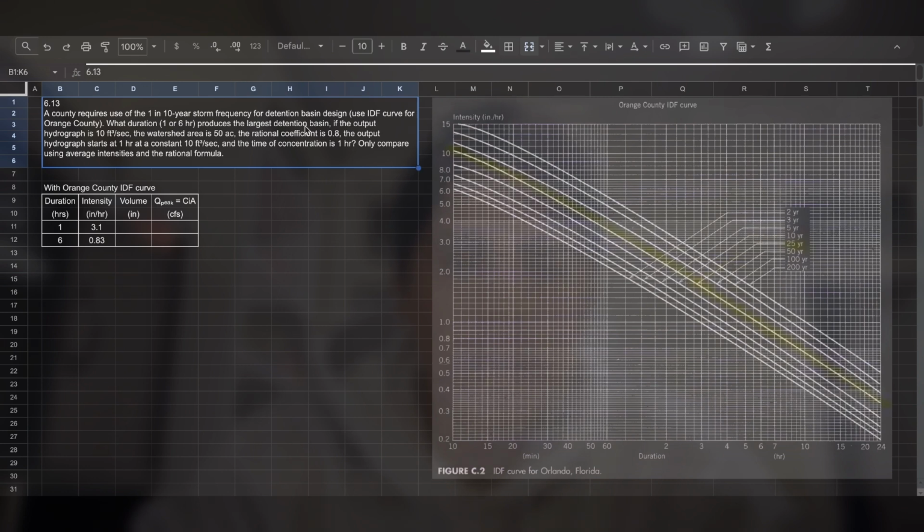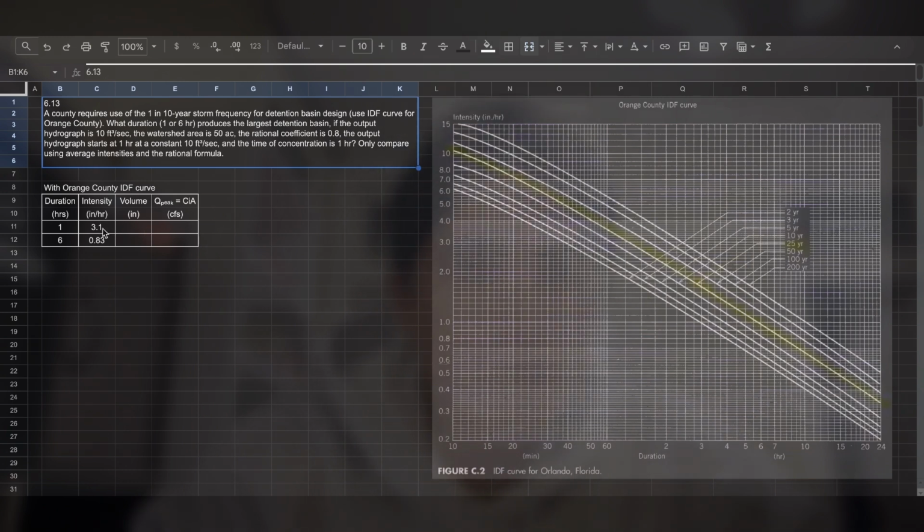Now, we need to find the inflow volume of water into the detention basin, and it's giving us an outflow rate of 10 cubic feet per second from the basin. So while we are getting water, the basin is also getting rid of it at a rate of 10 cubic feet per second. Considering that, we need to find which storm is worse, which storm requires more volume of water.